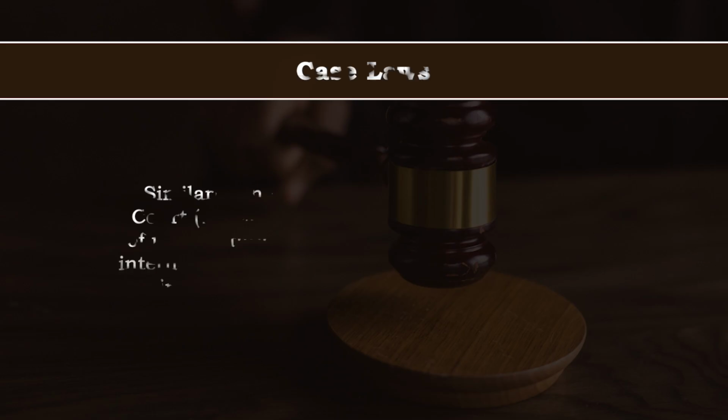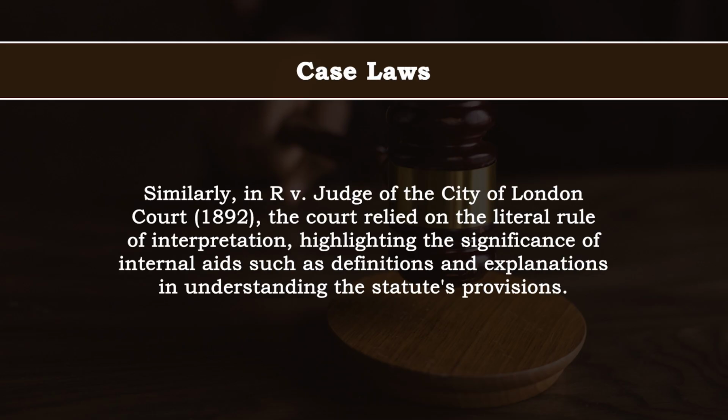The preamble and other internal aids were instrumental in determining the legislative intent. Similarly, in R versus Judge of the City of London Court of 1892, the court relied on the literal rule of interpretation, highlighting the significance of internal aids such as definitions and explanations in understanding the statute's provisions.